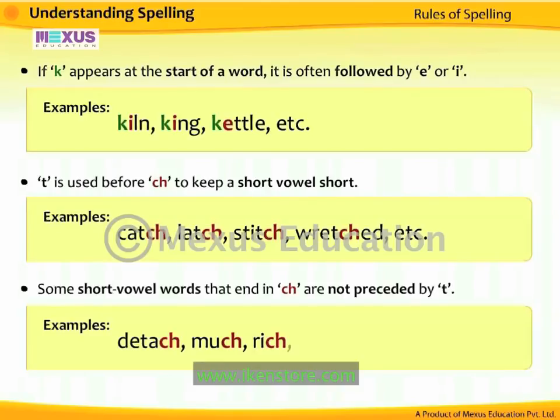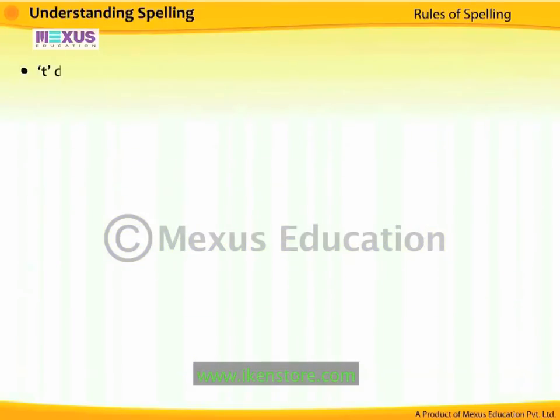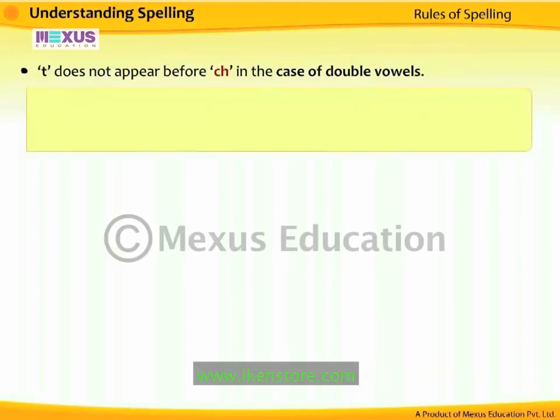R-I-C-H, rich, etc. T does not appear before CH in the case of double vowels. For example, T-E-A-C-H, teach. S-P-E-E-C-H, speech. C-O-A-C-H, coach, etc.